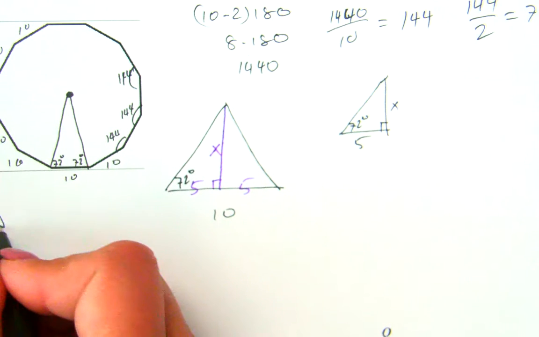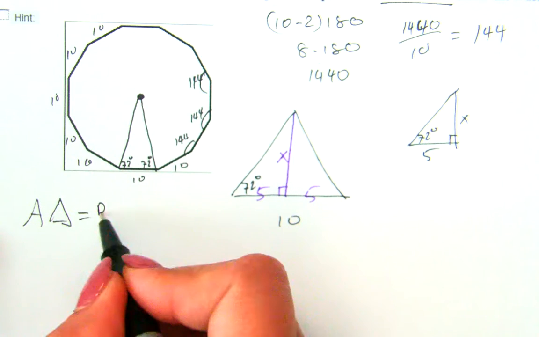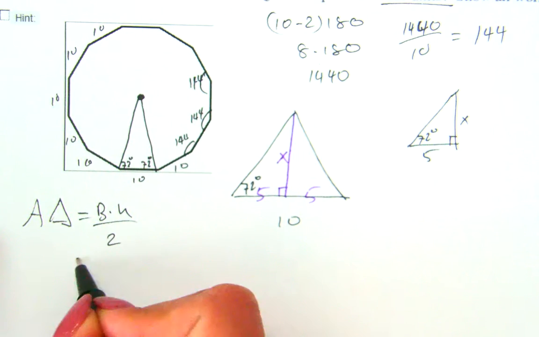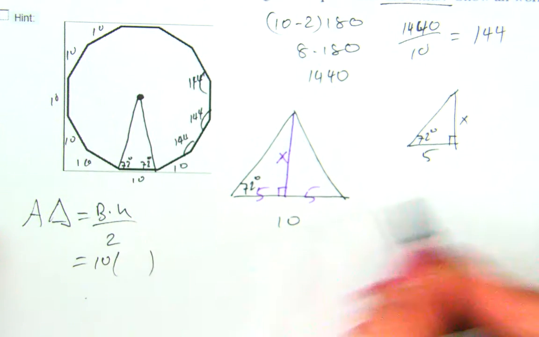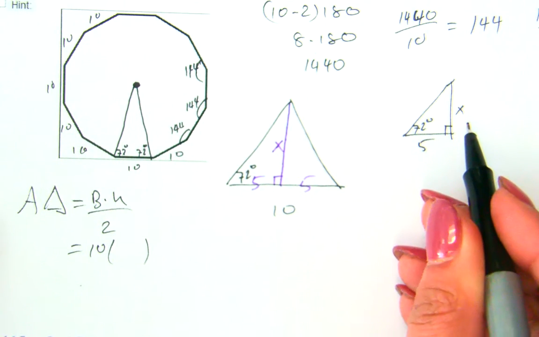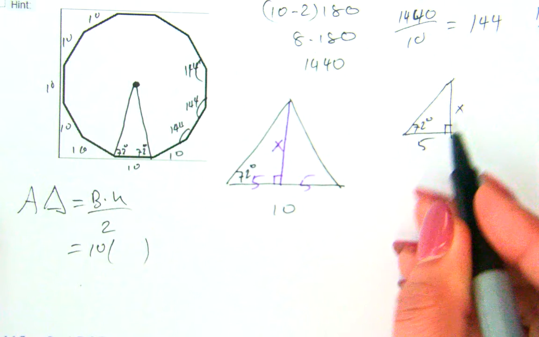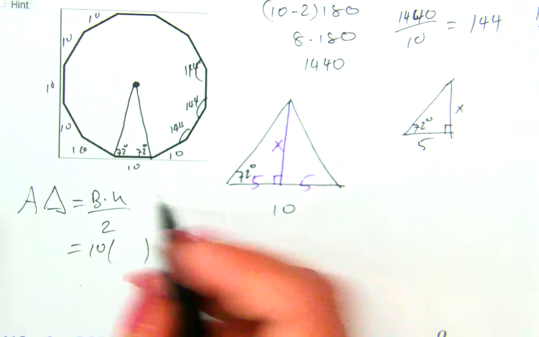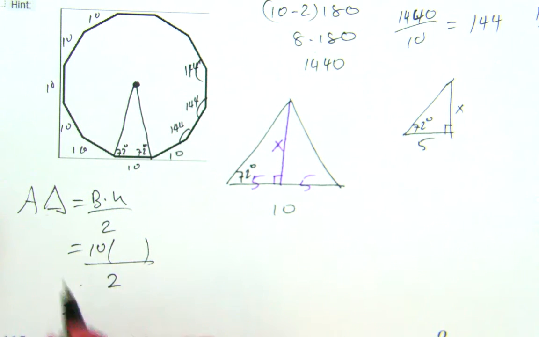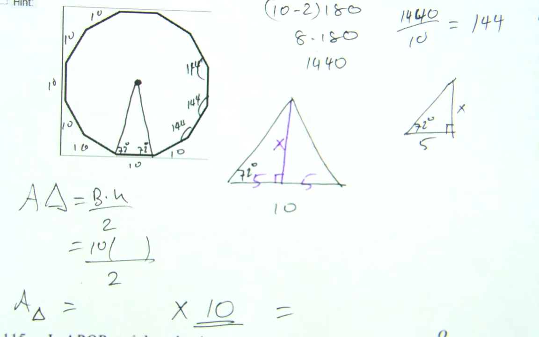And then the area of your triangle is going to equal base times the height divided by 2. Your base is 10. Your height is whatever you find for the value of x after you use tangent. Then divided by 2, whatever you get for the area of the triangle is your answer. And then multiply that by 10 to get the area of the whole thing.